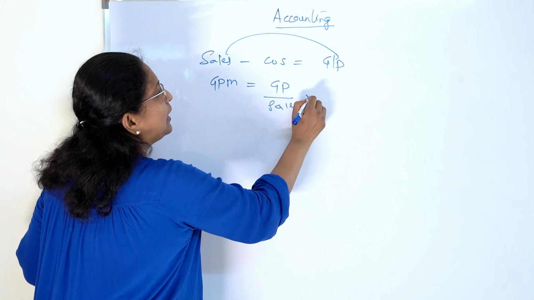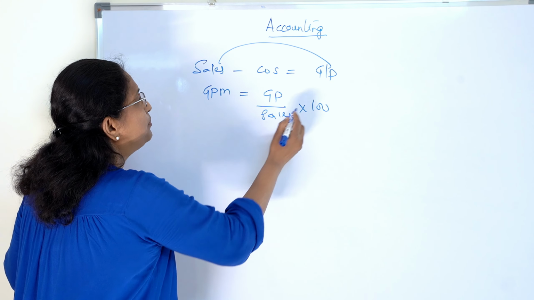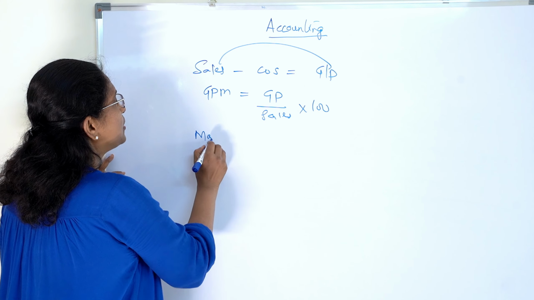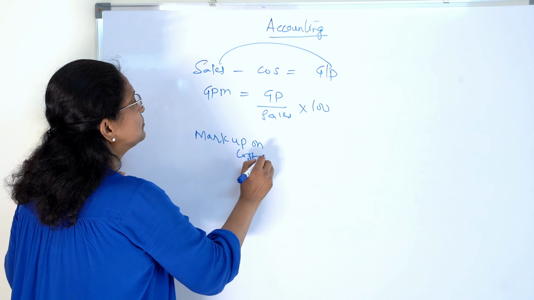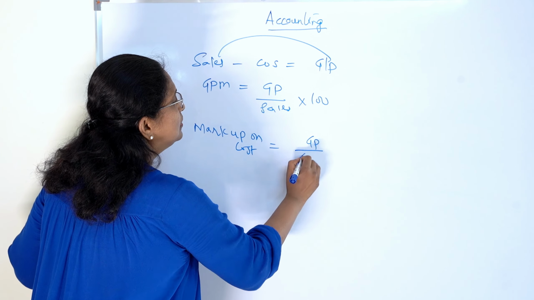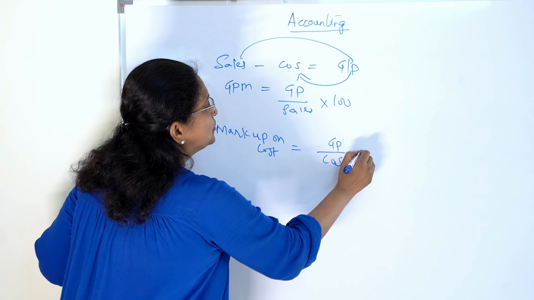And since we are calculating in percentage, it will be into 100. If I am asking you what is markup on cost, how will you calculate markup on cost? That is equal to gross profit upon cost of sales, into 100.